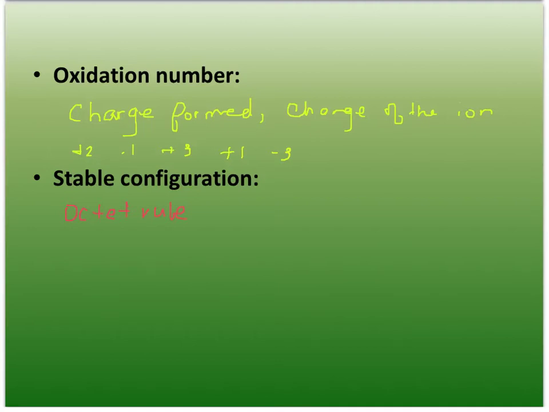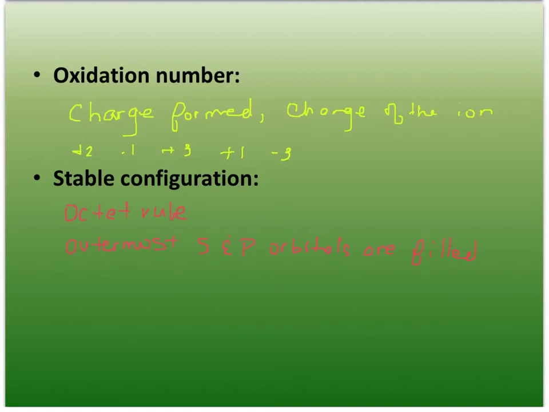And what does the octet rule mean again? It means that the outermost S and P sublevels, the outermost P and S orbitals, are filled.